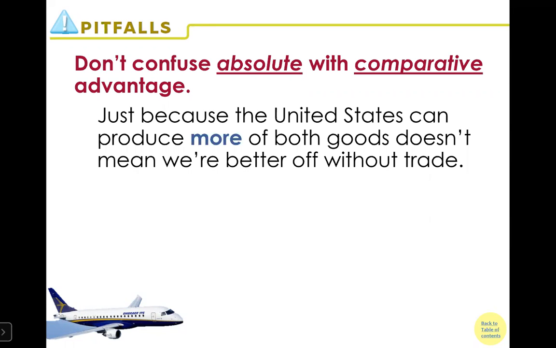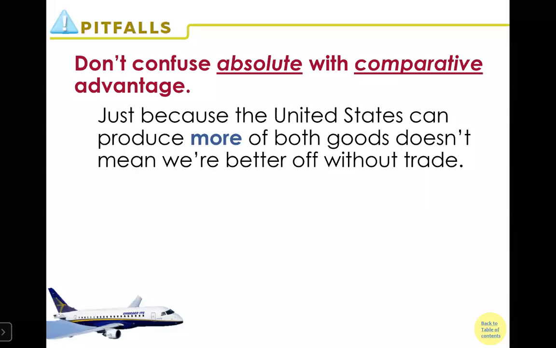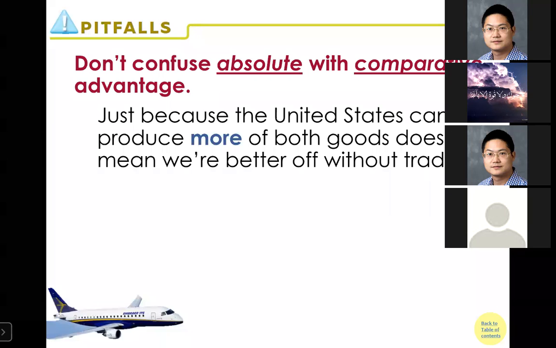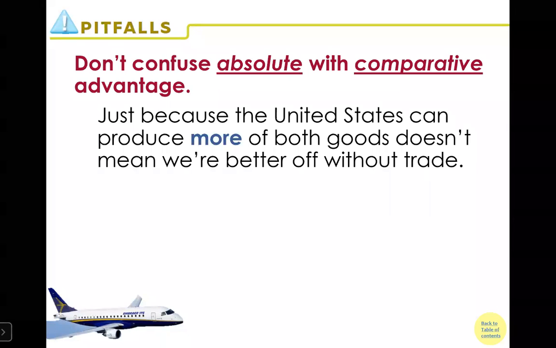In that chapter, we talked about comparative advantage. What is comparative advantage? Comparative advantage means you have a lower opportunity cost in producing a particular good. And what is absolute advantage? Absolute advantage says you can produce more of that particular thing. Having absolute advantage doesn't mean you have comparative advantage.